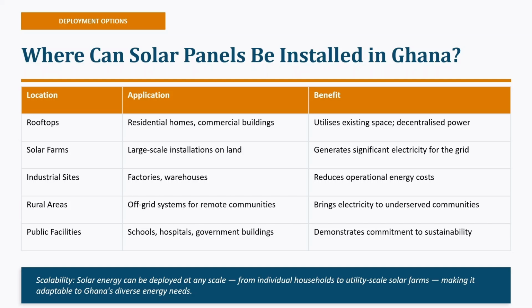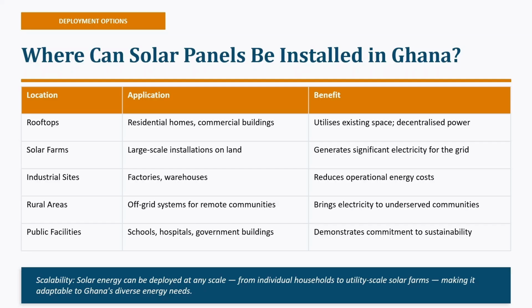These are large scale installations on land that produce a significant amount of electricity, usually for storage purposes. Then we can have industrial sites that also use these solar panels, and we can have rural areas that are not on the national grid or do not have access to it, but have large amounts of solar energy coming to them, as we see in the northern part of the country.